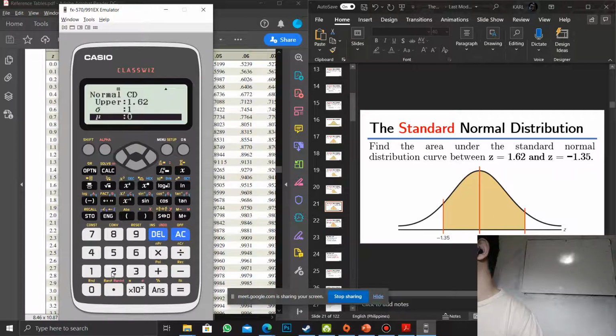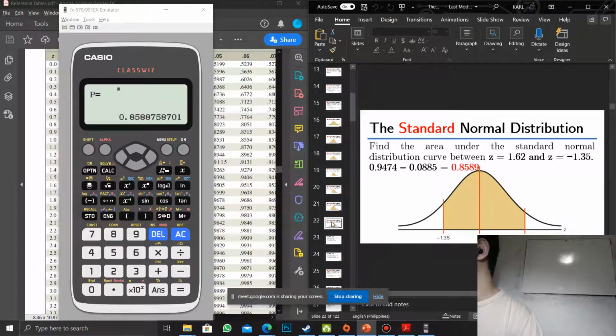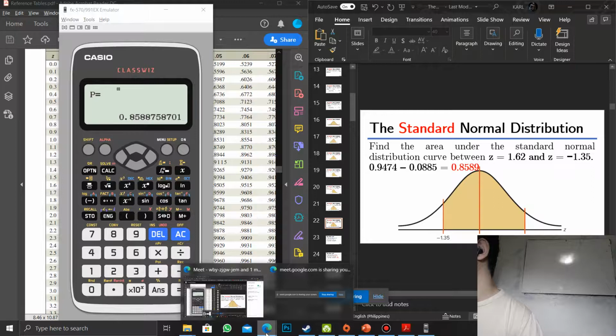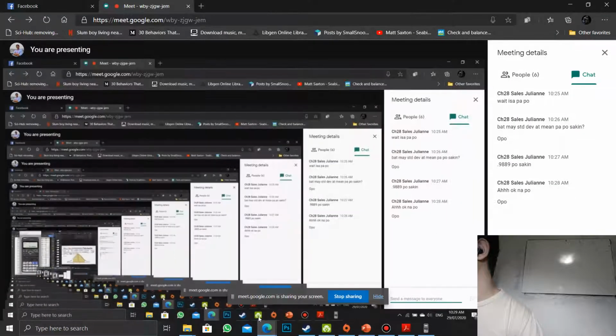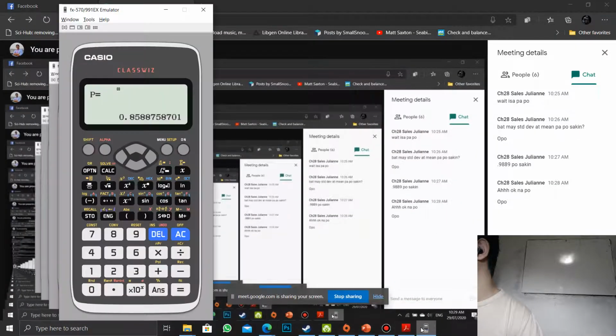Sigma is 1, mu is 0. Ito makukuha natin. Can I see nga? Nakuha nyo ba? 0.8589. Okay ba? Before I continue.